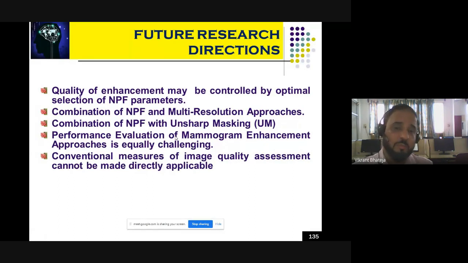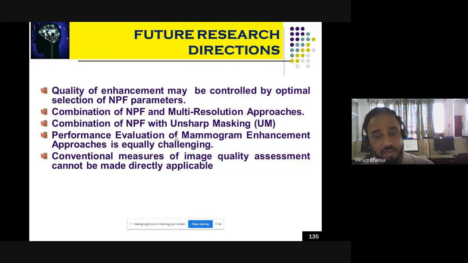Another very good domain to work in this direction is that you generally have different image quality assessment metrics which are very, very generalized, and these generalized image quality assessment metrics at times are not giving you a very satisfactory response in terms of medical images or your mammographic images.